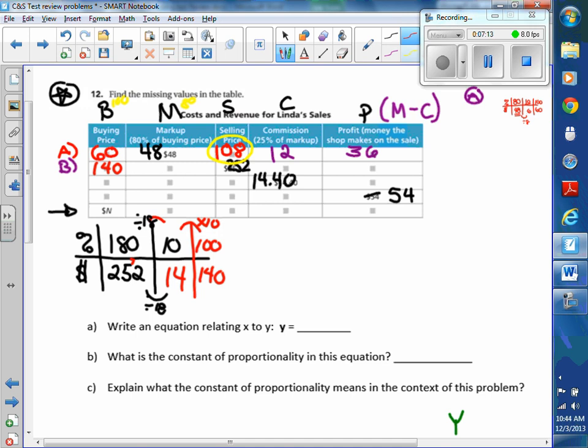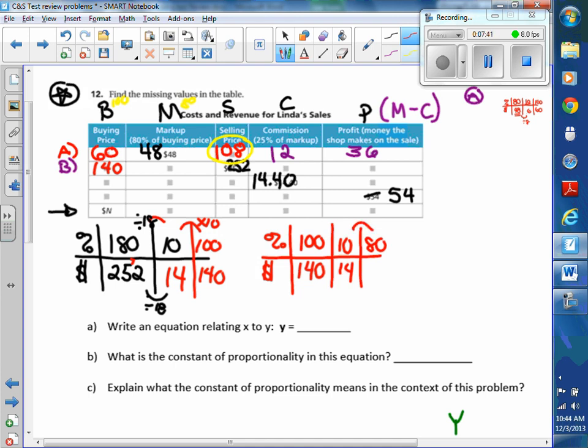Because I can now get the markup by saying, I know that my buying price is $140. So 10% of that's $14. I need to get 80% of that to get the markup.